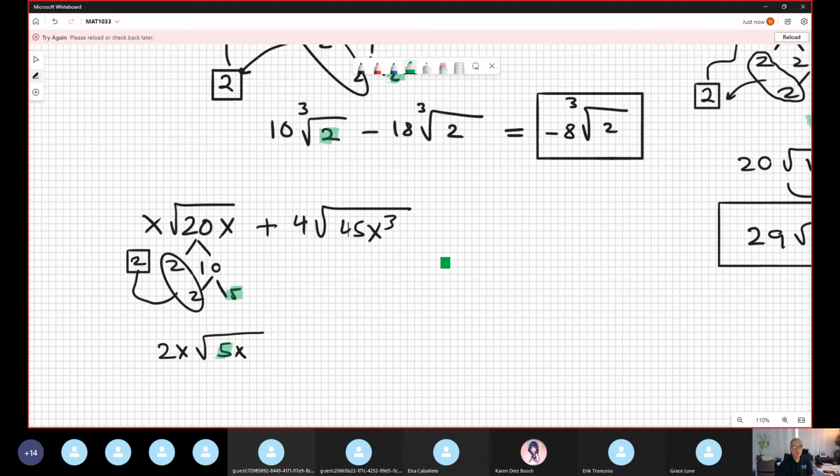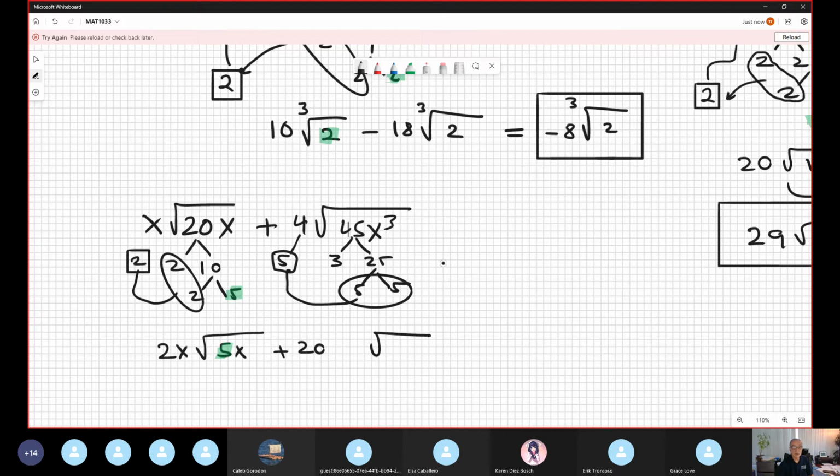That's the only possibility of simplification. 45 divided by 3 is 15, 5, 5. And this couple of 5 goes outside. I get one 5, times 4 is 20. 20 outside, and the 3 stays inside the radical.